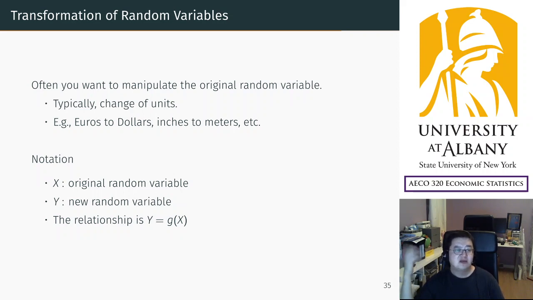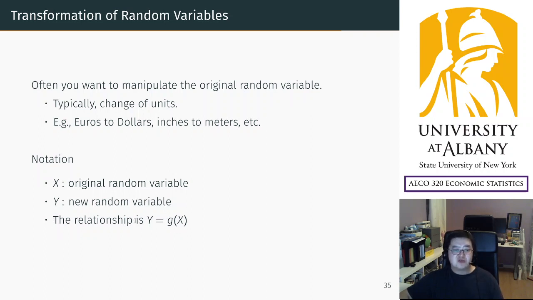And in this case, we are going to use this notation. I will use x for the original random variable, the random variable that we are given, but we are not interested in x itself. We are interested in y, which is a new random variable. In our example, the new random variable is the weekly profit, and the transformation is a function.